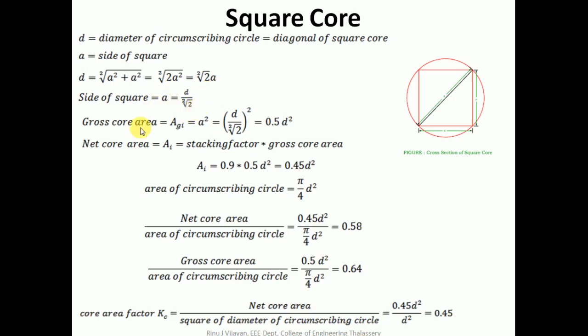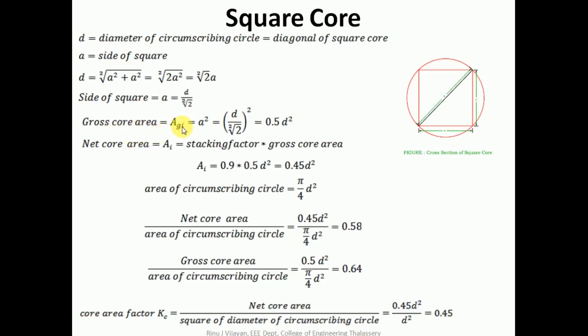Next we are going to find the relation of gross core area and net core area. The difference between these two is that gross core area is the area including the insulation portion also. Net core area represents the area of iron alone, that is, it excludes the insulation portion. So first we will calculate the gross core area.